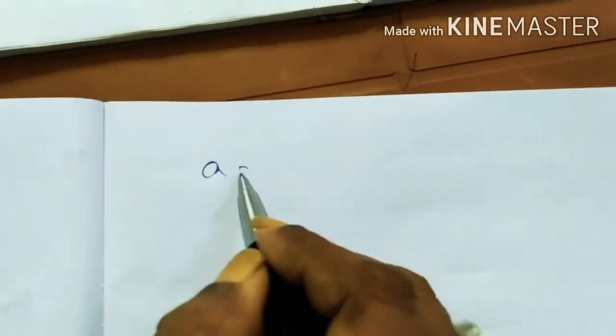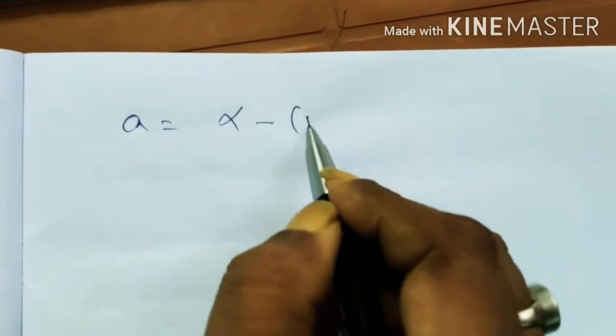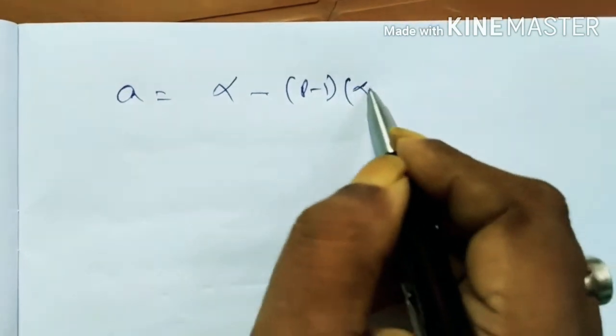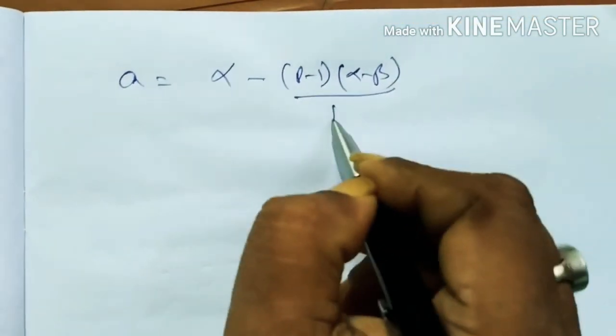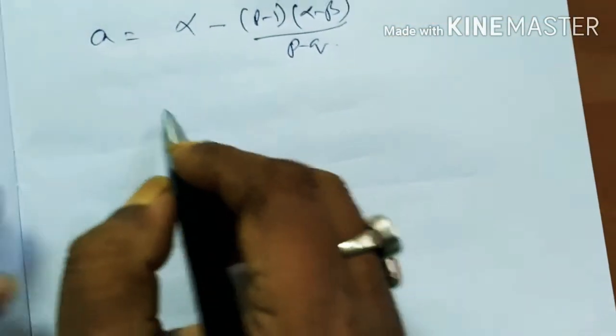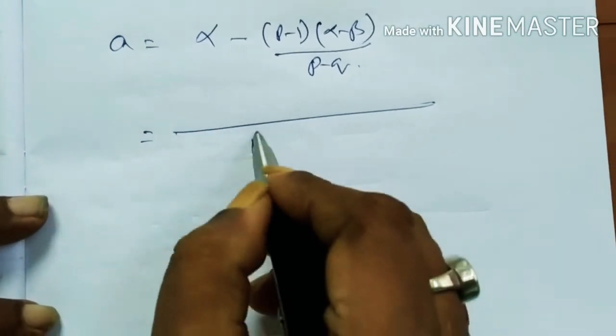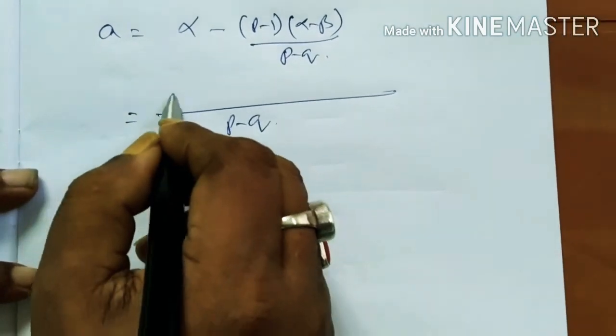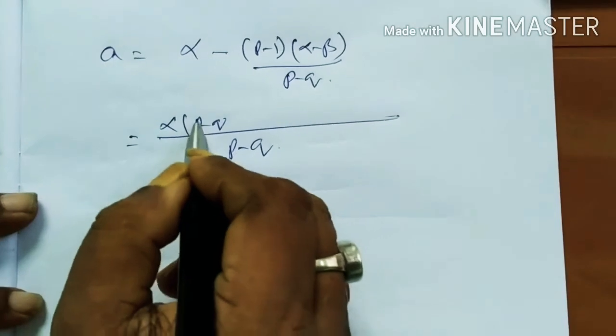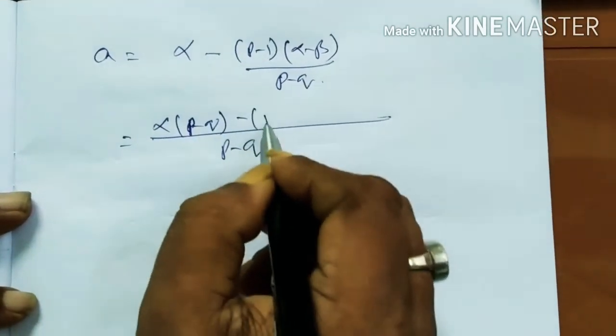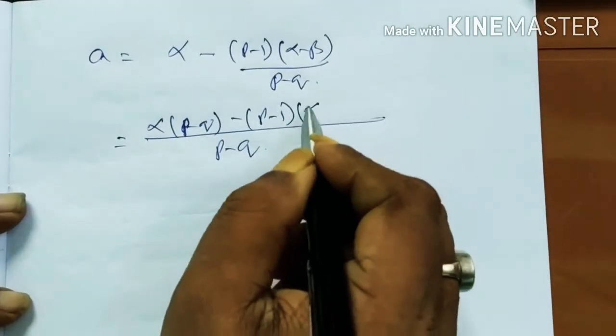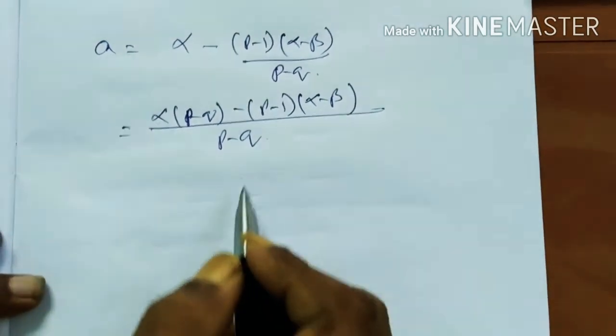Now A is equal to alpha minus (P minus 1)(alpha minus beta) by (P minus Q). Here your LCM is P minus Q. So [alpha(P minus Q) minus (P minus 1)(alpha minus beta)] by (P minus Q). This is your value of A.